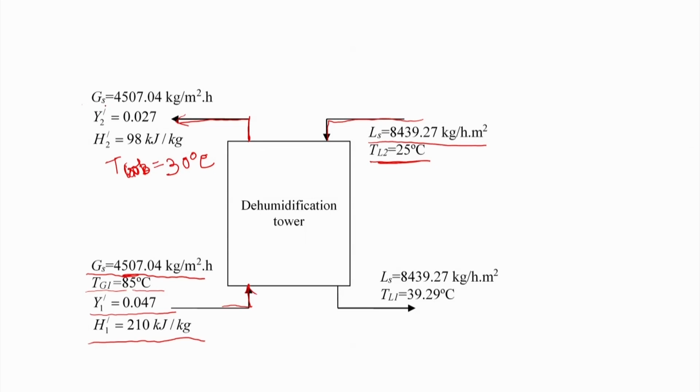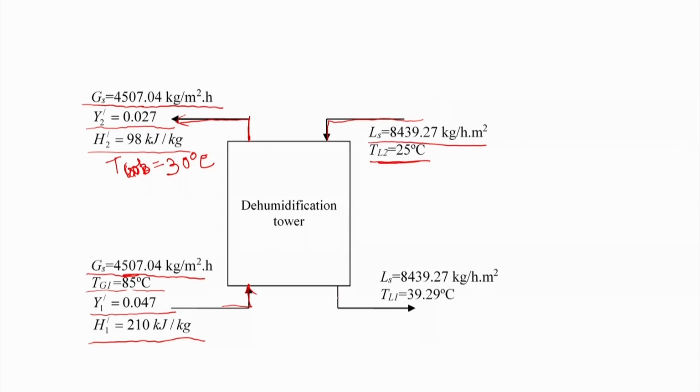The flow rate will remain the same, 4507.04 kg per meter square hour per kg dry air, with the humidity much lower than the inlet air, that is 0.027 kg per kg dry air, and enthalpy value is 98 kilojoule per kg.